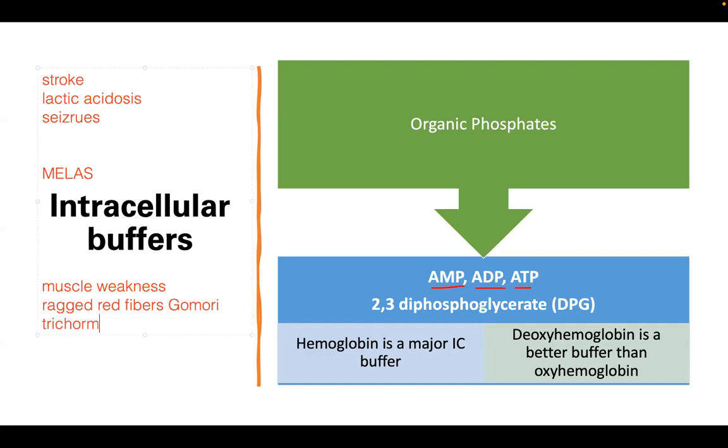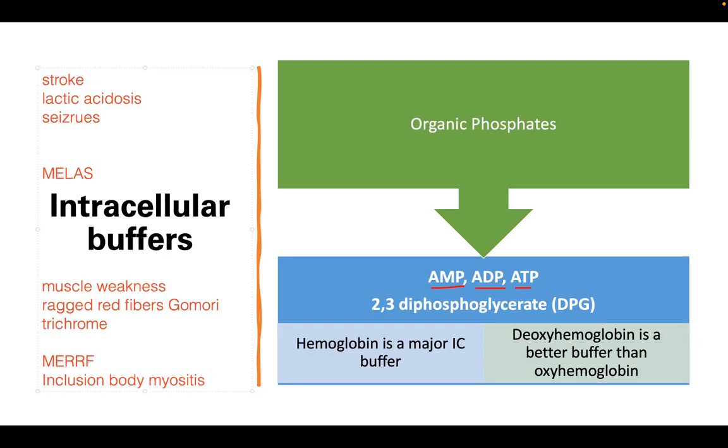What is this mitochondrial disorder? This is known as MRF. And there's another disease that presents with ragged red fibers: inclusion body myositis. Just take note of that.